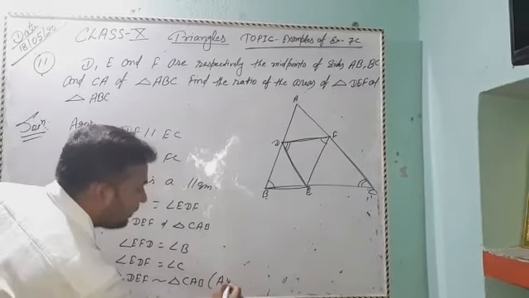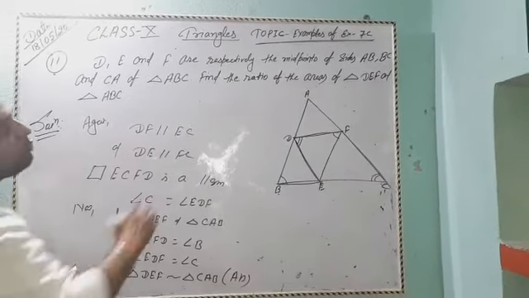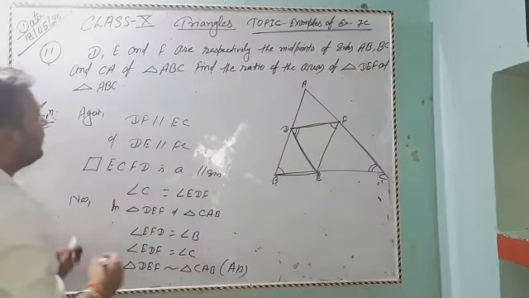Okay, angle similarity. So find the ratio of the areas of triangle DEF and triangle ABC.